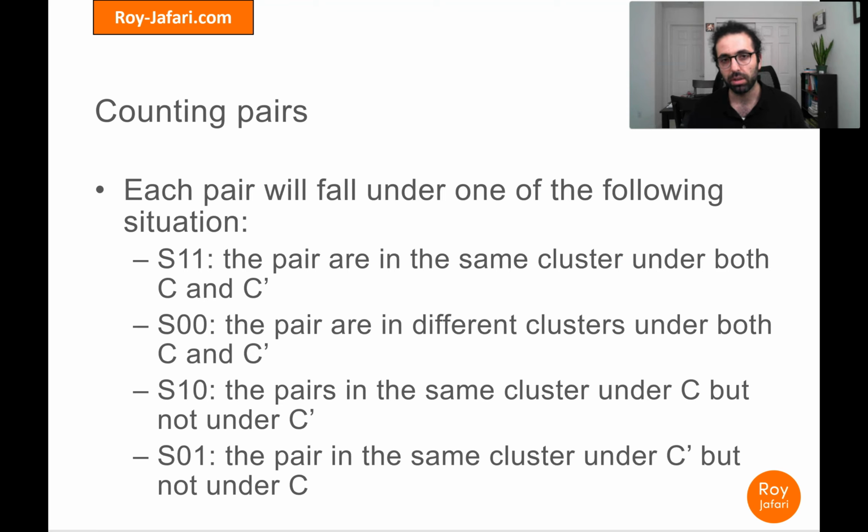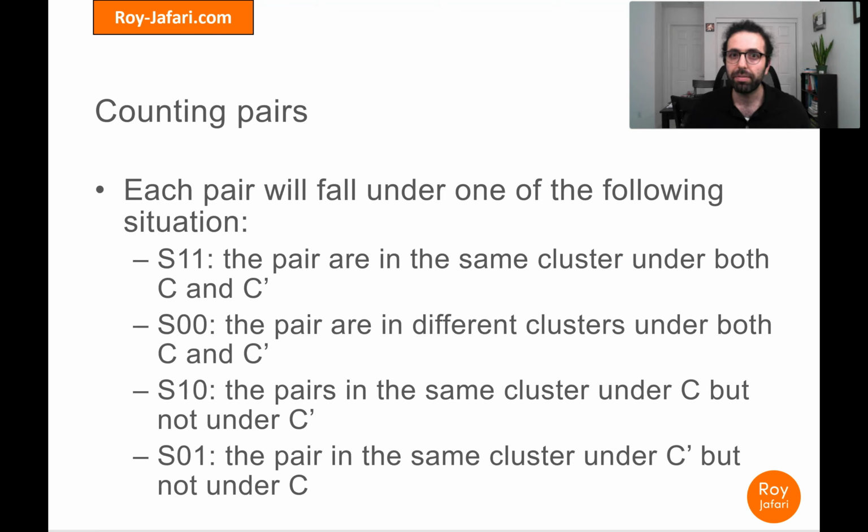S10 means the pair are in the same cluster in C, but are not in the same cluster in C prime. And S01 is the opposite: the pair are not in the same cluster in C, but they are in the same cluster in C prime.